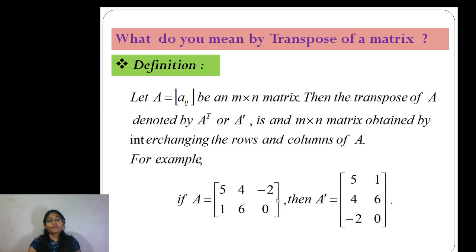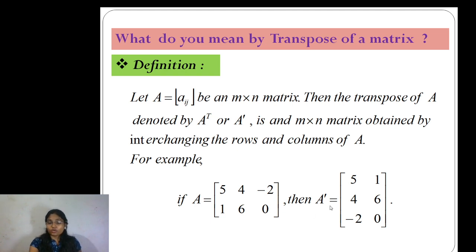For example, capital A has 5, 4, minus 2 as the first row, and 1, 6, 0 as the second row. This matrix is of order 2 by 3, 2 rows and 3 columns.